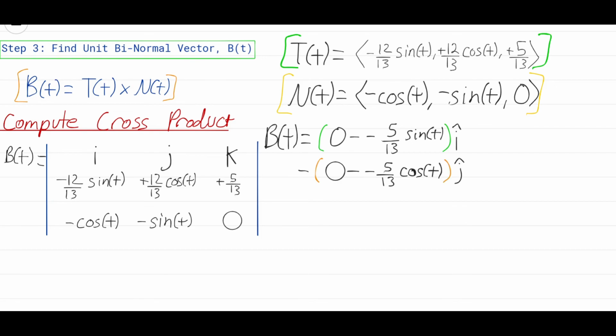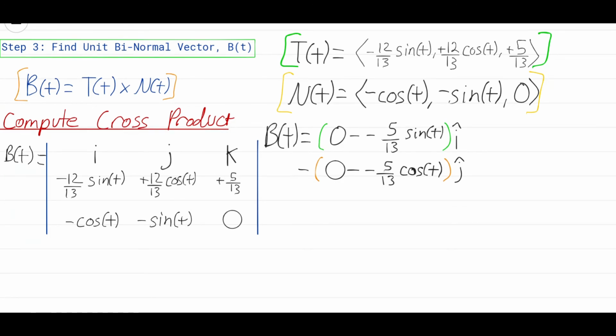And again, if you don't know how I'm doing this, I'm not going to go into too much detail on how to compute the cross product, because you should know this by now, but if you're not comfortable with it, I do have a video that I highly recommend you watch on how to compute a cross product. And the k component of our vector would be positive, because negative sine times negative is positive, sine squared over 13, minus negative 12 over 13 cosine squared. And this is our k component of our vector.